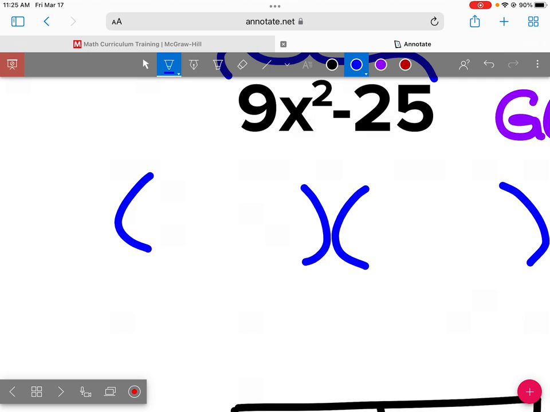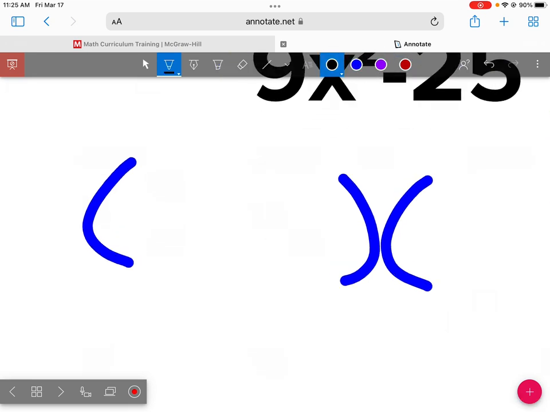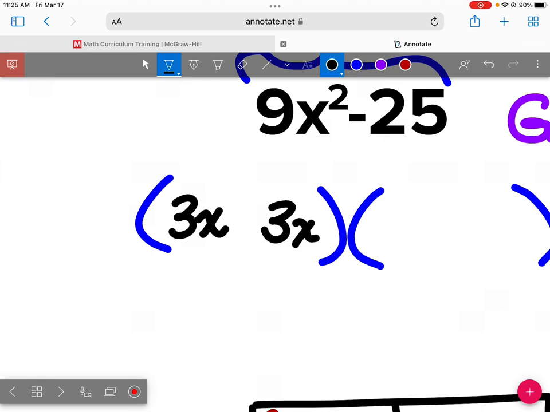What would I multiply by itself to get 9x squared? 3x. I can't put 3x and 3x inside the same factor because that's not being multiplied. I have to put the 3x and the 3x in each factor because those pieces are being multiplied.